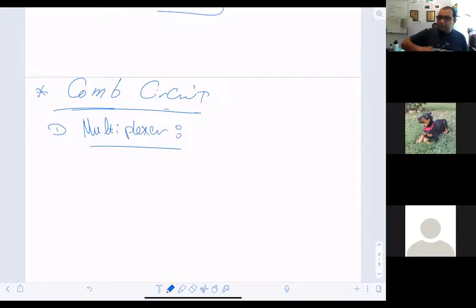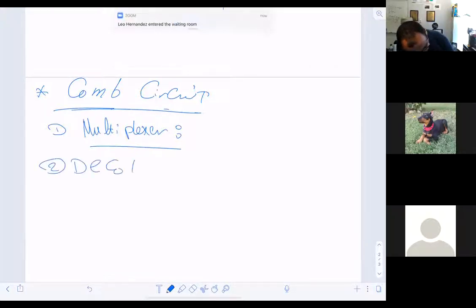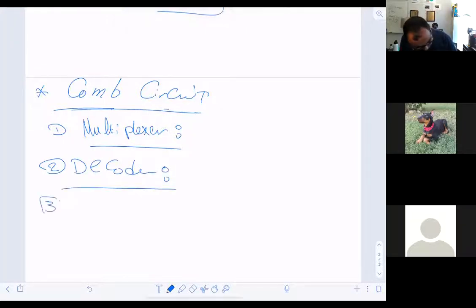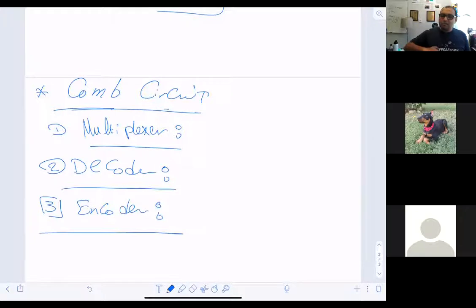The second element we're going to learn is called decoder. The third element we're going to learn is called what? Encoder. And whatever we learn from the postulates, K-map, and all of these things, we're going to use to do what?